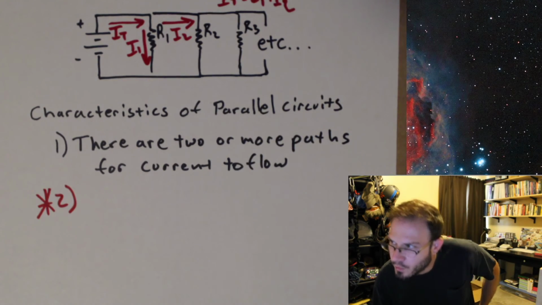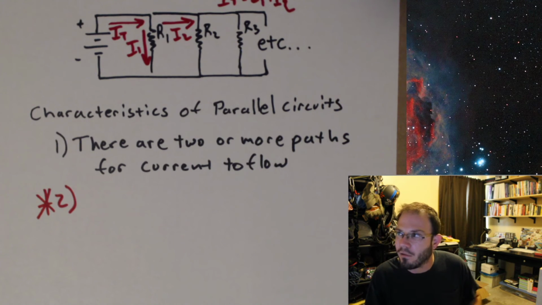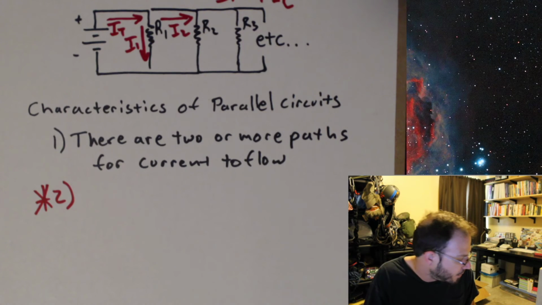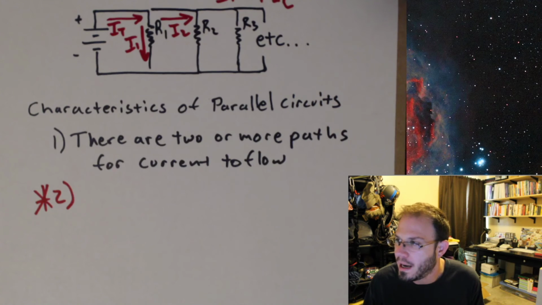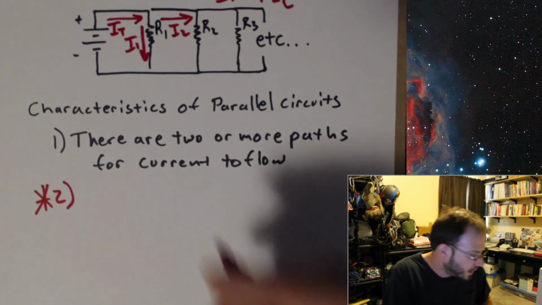But this next one is going to be one of those that's easy to forget, and it's really helpful and useful for solving any circuit where you have parallel elements. The voltage is the same across all parallel branches. The voltage is the same across every branch of a parallel circuit.